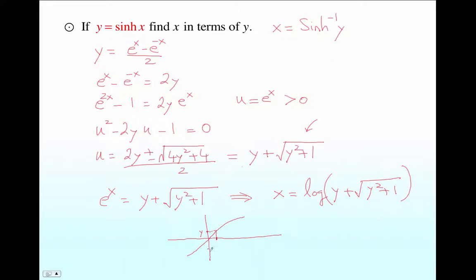On the other hand, if y is negative, then the value of x that will correspond to this negative value of y over here, so let me call that minus y here, that is also going to be negative. So whatever value of y you are given, there is a corresponding unique value of x. So we say that this function over here, the inverse function, is 1 to 1.